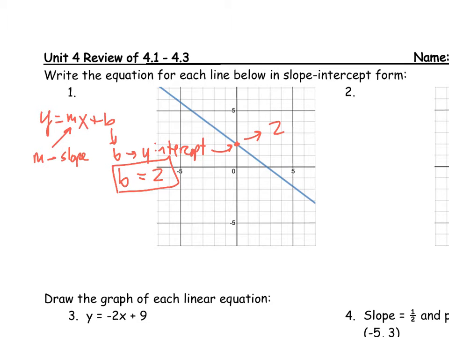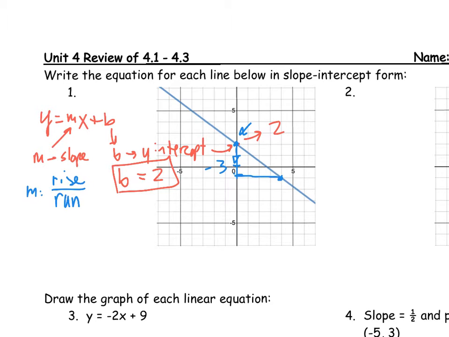I'm going to find a couple places where it crosses the grid real nice, and I'll use this y-intercept. It looks like it crosses pretty nicely right there. So I'm going to create a right triangle to find slope, which is rise over run. Starting at this point right here, I'm going down 1, 2, 3 spots.